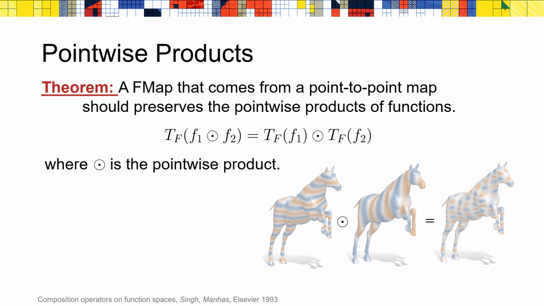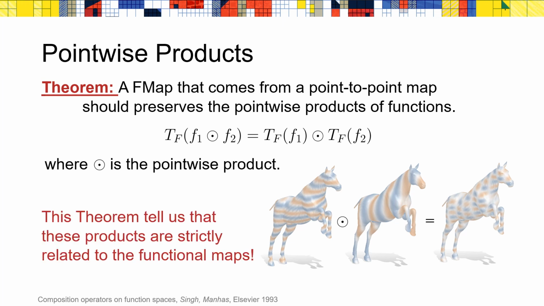It means that given a functional map TF that comes from a point-to-point map T, for any product of functions f1 and f2 on M, the image through the functional map TF of this pointwise product should be equal to the product of the images of each of the two functions f1 and f2. So this theorem tells us that all the pointwise products are strictly related with the functional maps.